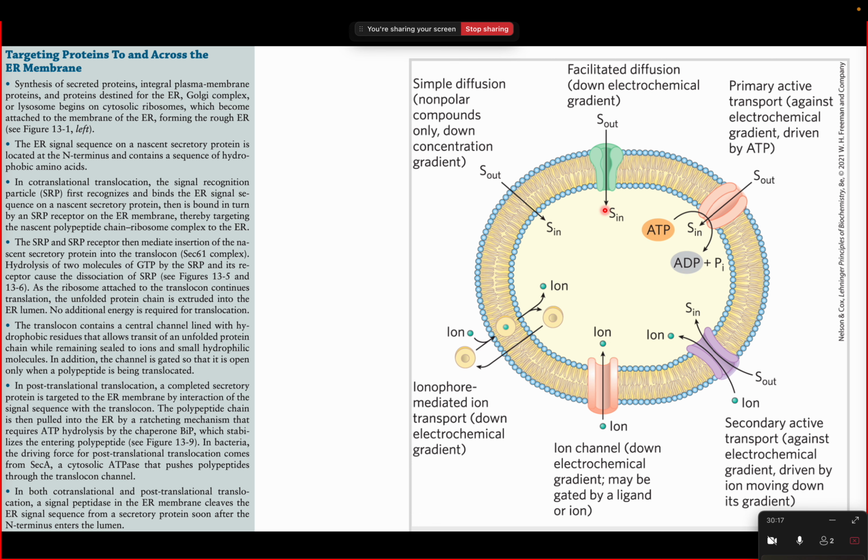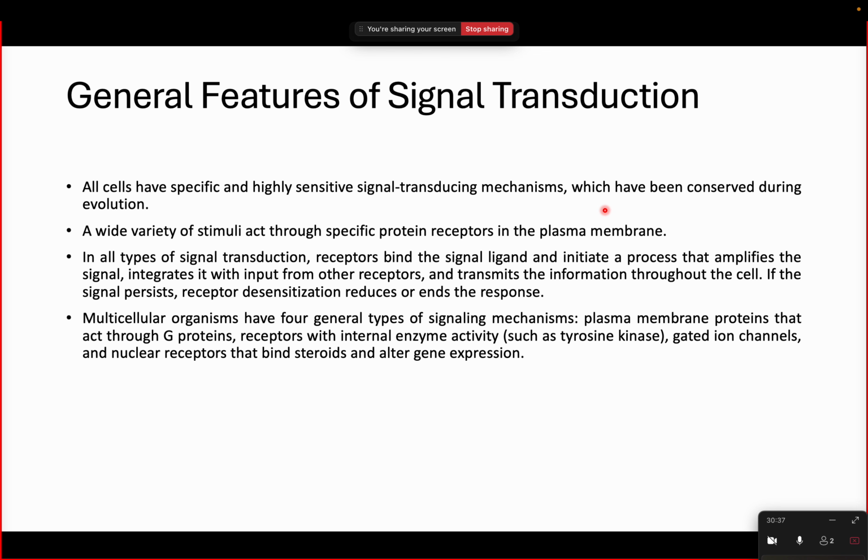But how membrane proteins are generated or how they are assimilated inside the membrane, we were not aware of, and hence we took our understanding from the basic transportation towards how the membrane proteins are sorted or assimilated into the membrane. Correct? Now we will switch gears a bit and see another function of membrane proteins.